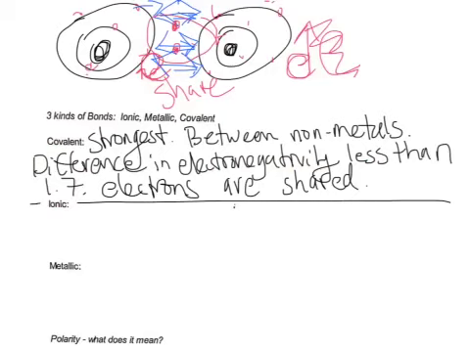Ionic is sort of the opposite, so they are usually between a non-metal and metal.